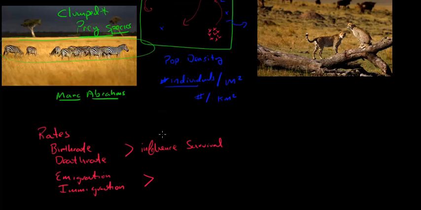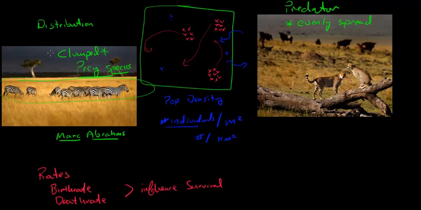And so in our population up here, if we have a zebra moving out into a new location, it has emigrated from here and immigrated into a new location here. So you emigrate from a place and you immigrate into a place.